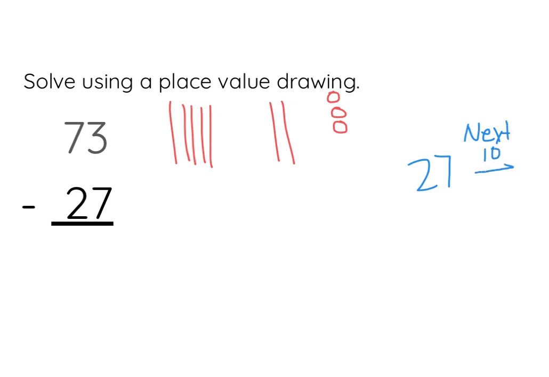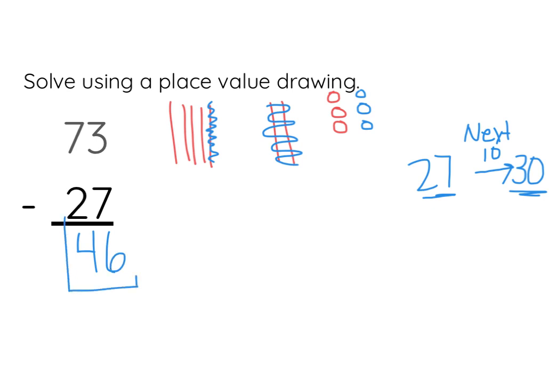Well, the next 10 is 30, so that's what I subtract. So I get rid of the 20, and then carefully I get rid of the 10. Now, I got rid of 30, but they're only going to keep 27, so they give me 3 back for an answer of 46.